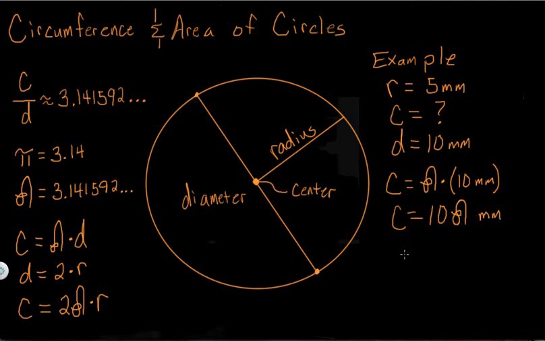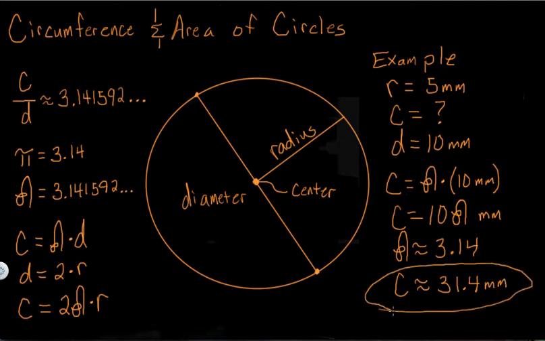Or we can approximate and say that our constant y is approximately equal to 3.14. And using that approximation, we can then say that our circumference will be approximately equal to 10 times 3.14, which would be 31.4 millimeters. All right? And so this is our approximate answer for our circumference.